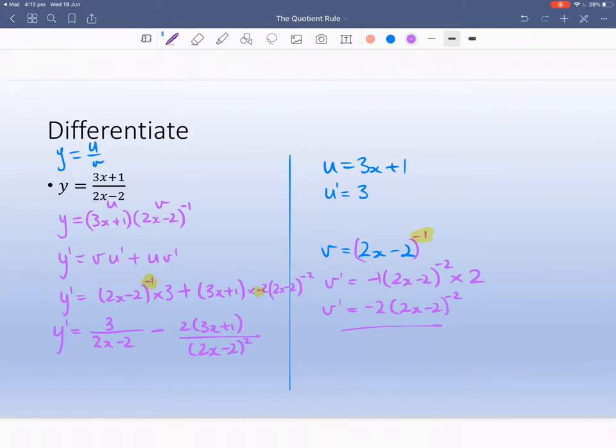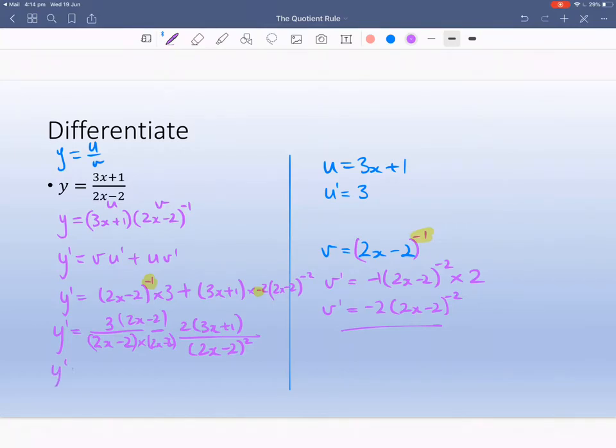Now I've almost got one fraction because my denominators are pretty much the same. I only have to multiply the denominator down here by itself, so that I have the same denominator.